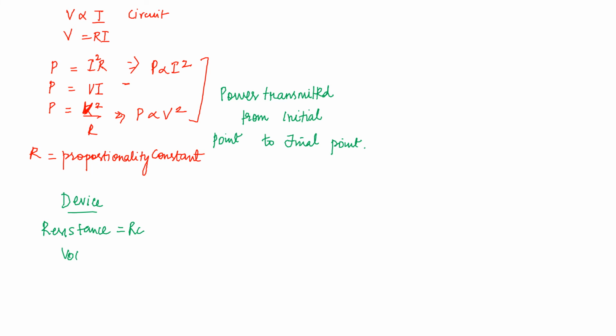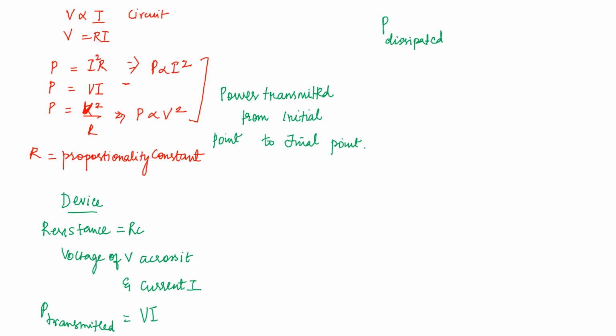We have provided a voltage V across it and current I. Now the power which is transmitted is given by VI. Another thing, the power which is dissipated, or useless, equals I square R.